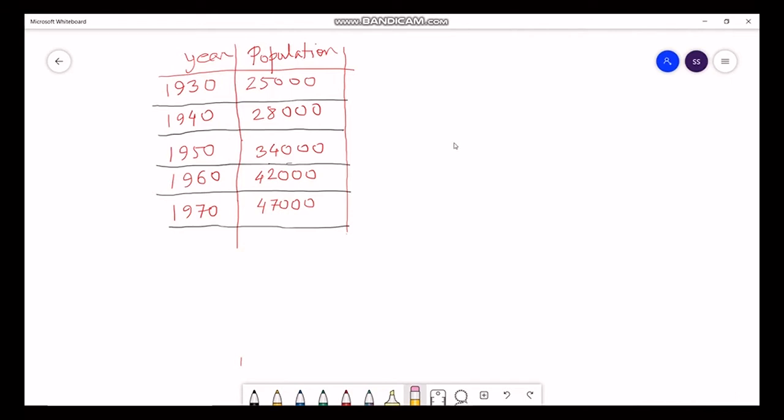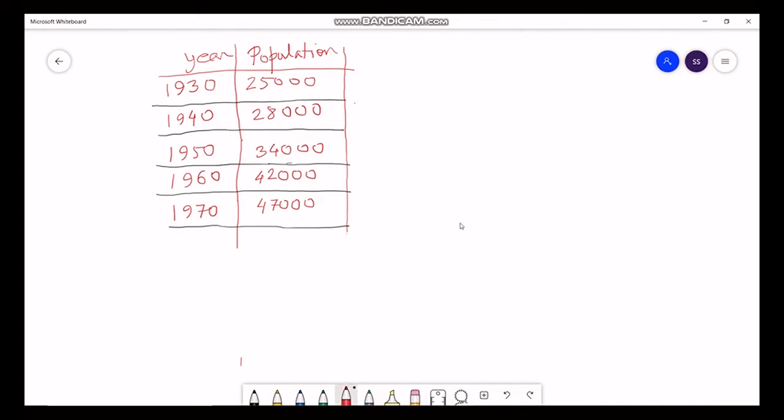Here is the problem. The population of 5 decades from 1930 to 1970 are as follows. From 1930 to 1970, the population are given here. So now we have to find out the population at the year 2000.